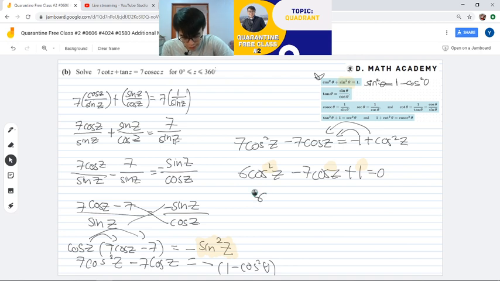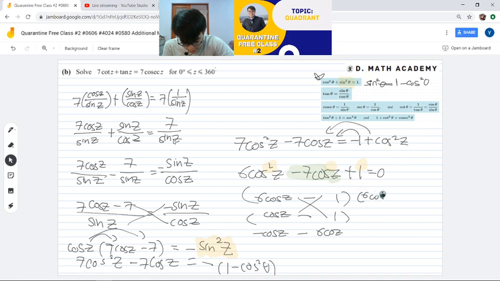So I got 6 cosine z times cosine z for me to get to 6 cosine z square. 1 and 1 over here. Cross multiply cosine z and 6 cosine z. They wanted the middle answer to be negative. So to achieve that, both of them must be negative. So you have 6 cosine z minus 1 and cosine z minus 1.